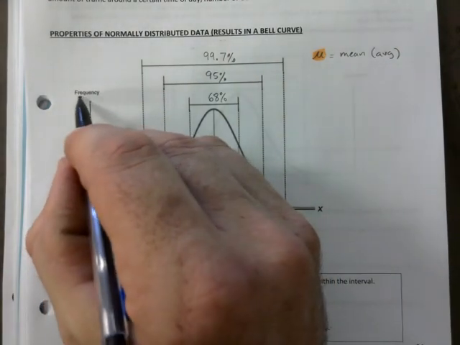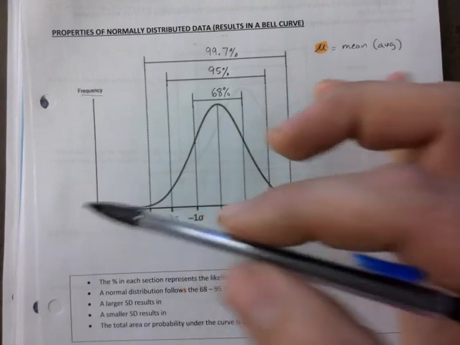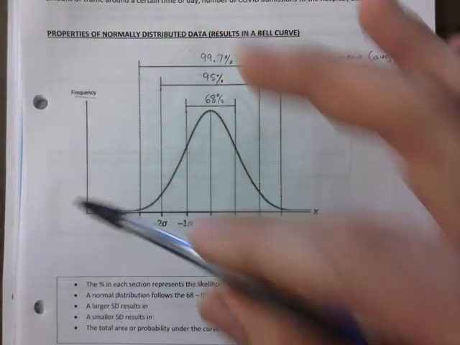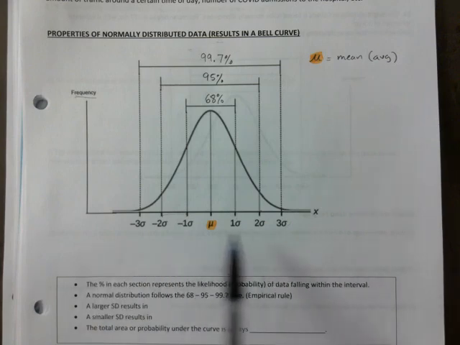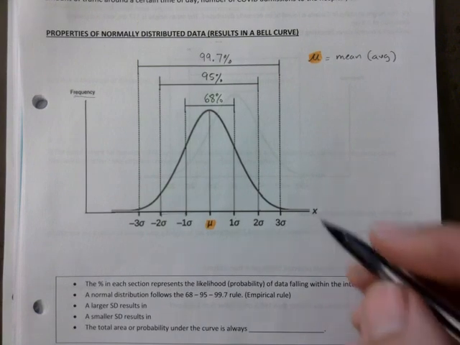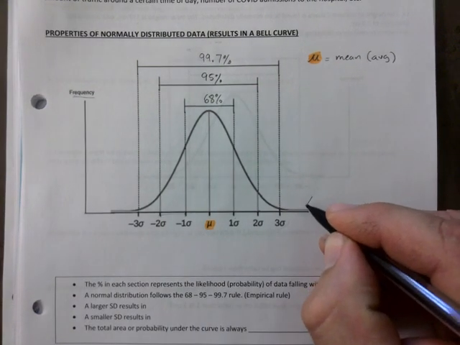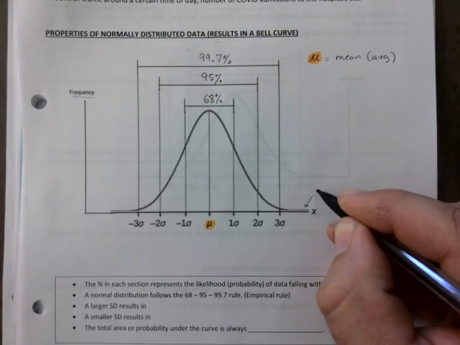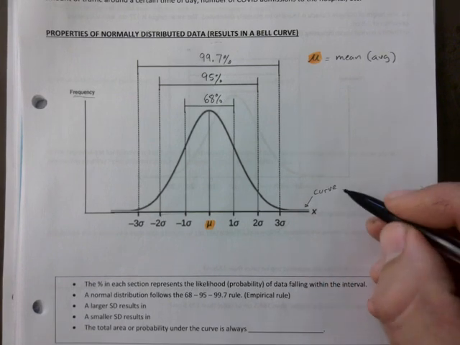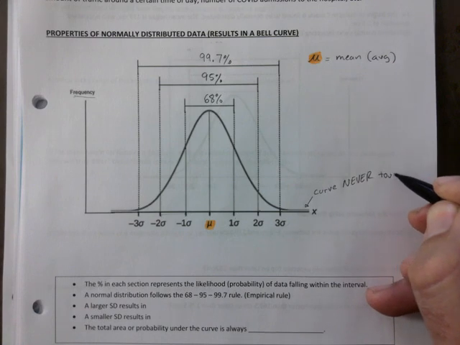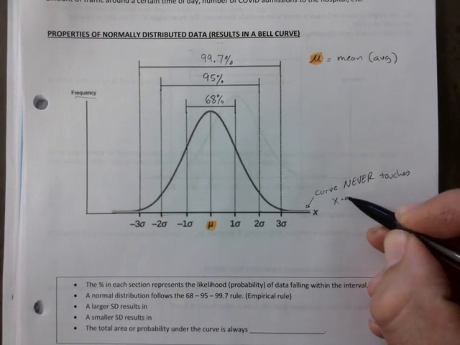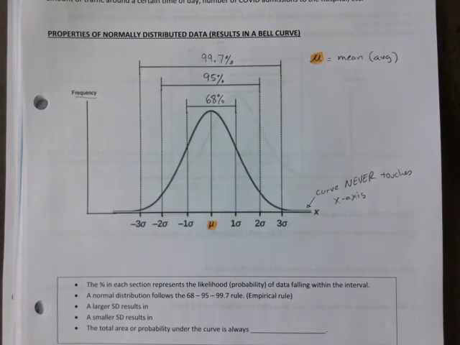So frequency, right? Frequency is how many people would be there. How many people would be in there? And this could be height, this could be hours, whatever we're going to be talking about, it's going to go along here. I also want to make sure you understand that the curve never touches the x-axis, okay? Just by definition, it never touches the x-axis.